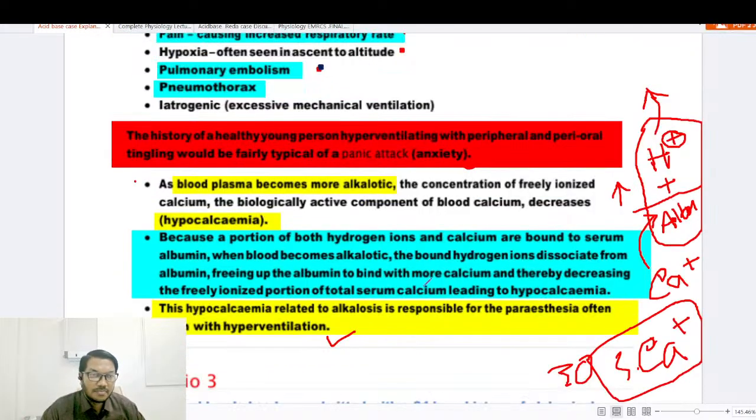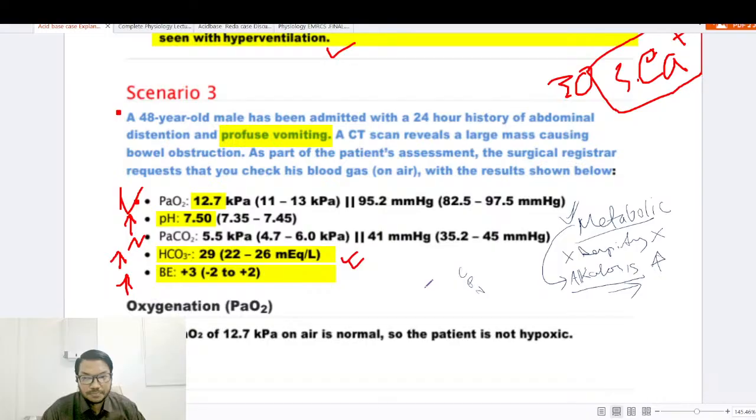Now scenario three. You took his blood count.